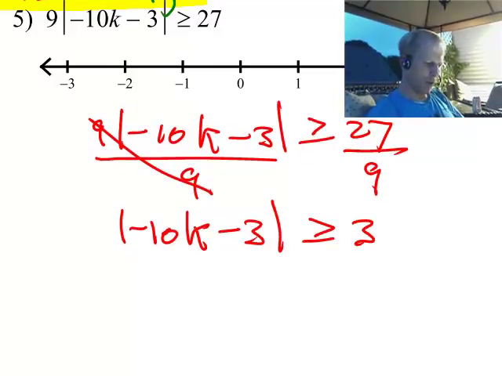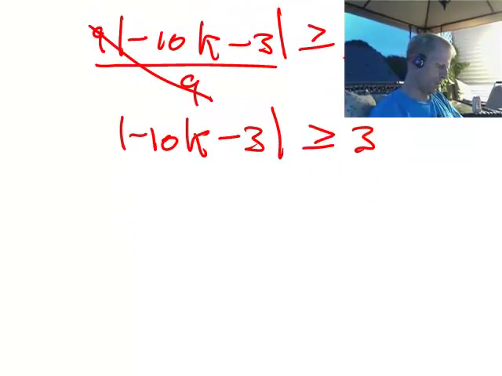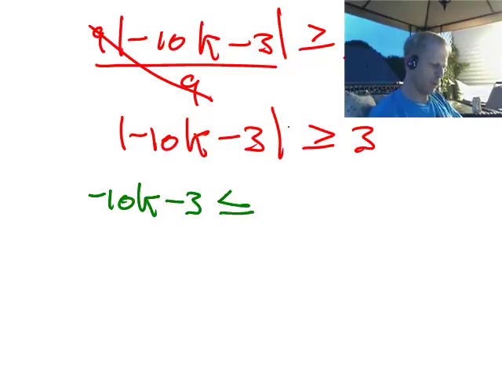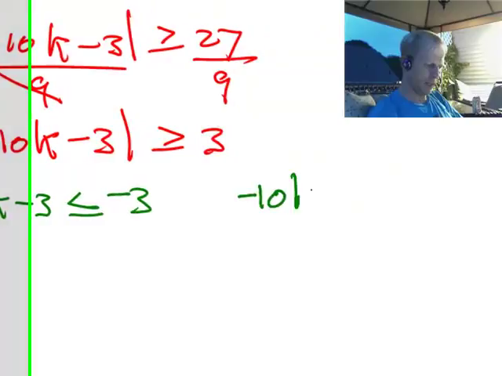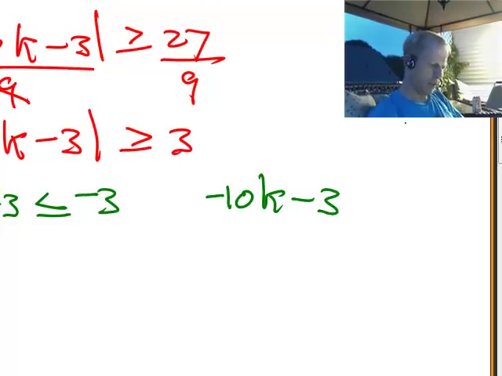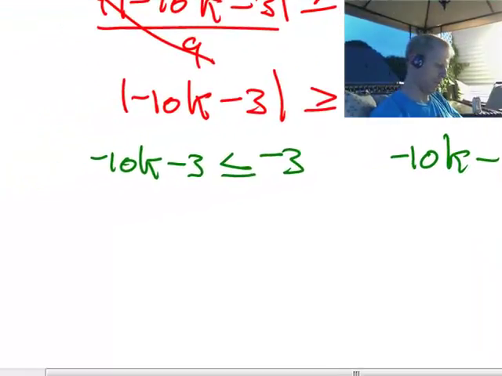Alright, so now I'm ready to write my two new inequalities. So one of them is going to be negative 10k minus 3 less than or equal to negative 3. And the other one is going to be negative 10k minus 3 greater than or equal to 3. It looks very similar to the first one.